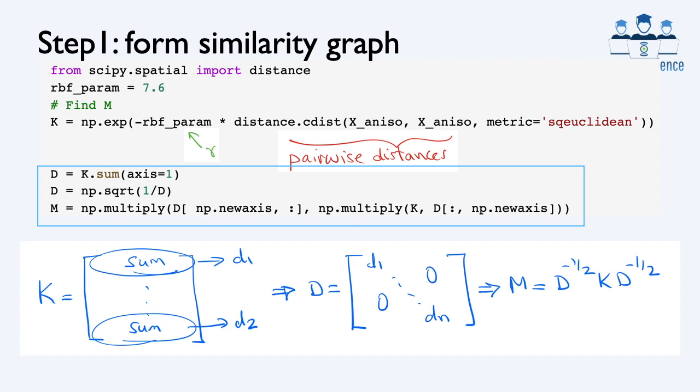How can we do this very efficiently in Python? We can find the sum of each row using K.sum with axis equals 1. So if you set axis equals 0, you're going to find the sum of elements in each column. But when you set axis equals 1, you're going to find the sum of elements in each row.